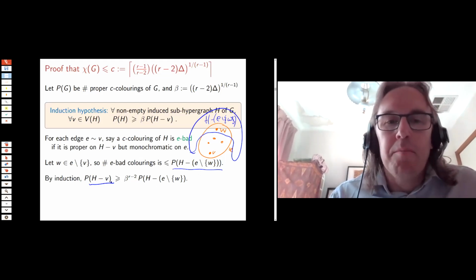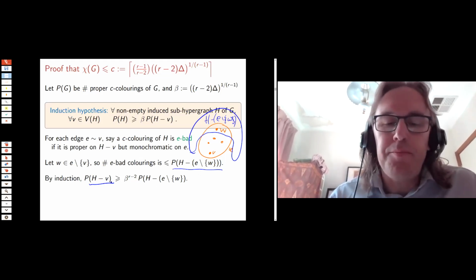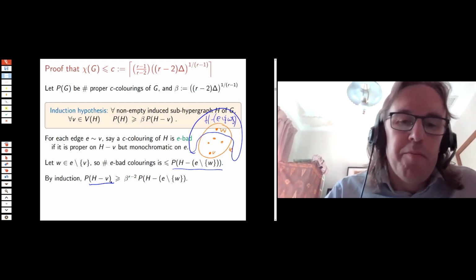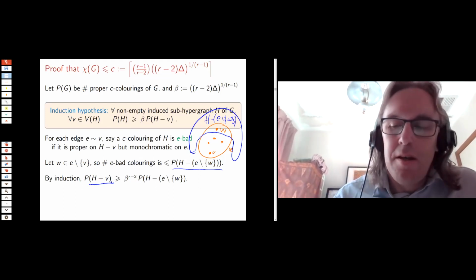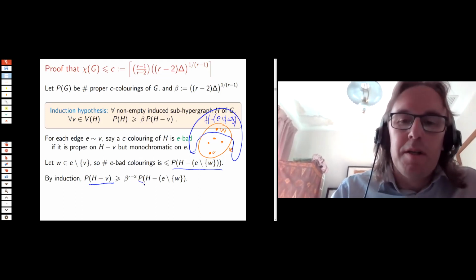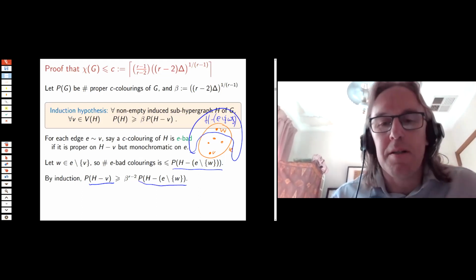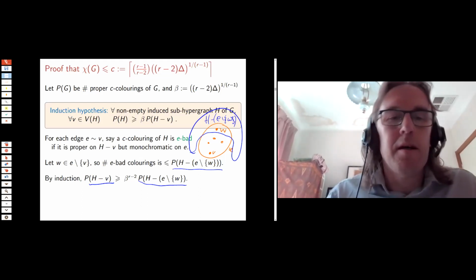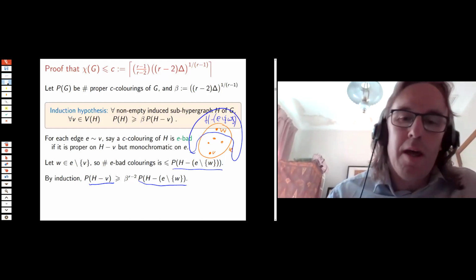And I get, by the induction hypothesis, that the number of proper colorings of H minus V is at least beta to the power of R minus 2 times the number of proper colorings of H minus E minus W. So where does this beta to the R minus 2 come from?